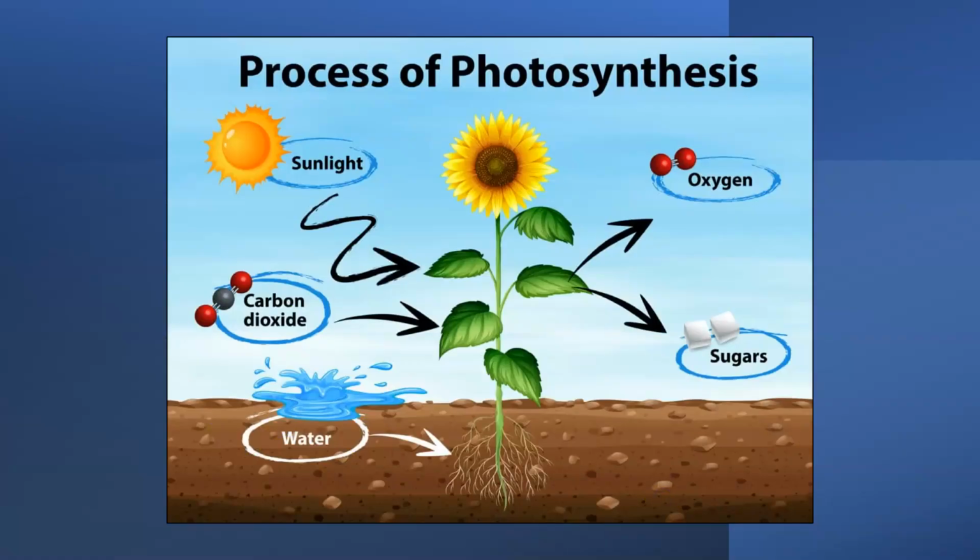But in order to further our understanding of energy flow within an ecological context, we need to refamiliarize ourselves with the process of photosynthesis. Photosynthesis is a cellular energetic process that happens within a photoautotroph. If you think about the equation, the organisms are going to be using sunlight as their energy source.